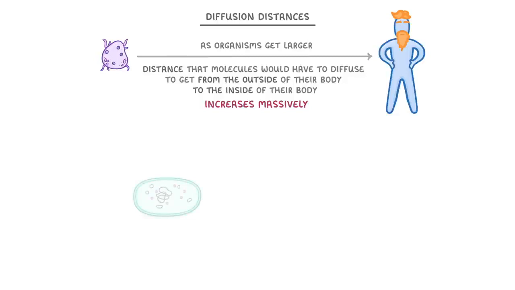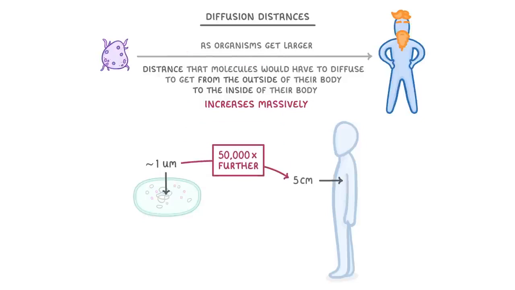For example, to get from the outside to the middle of a bacteria is probably only something like 1 micrometer, whereas to get from the surface to the middle of a human would be at least 5 centimeters, which means molecules would have to diffuse 50,000 times further. This is really important because it means that diffusion will be way slower for larger organisms, and so they won't be able to rely on diffusion alone to get all of the stuff that they need into their cells.